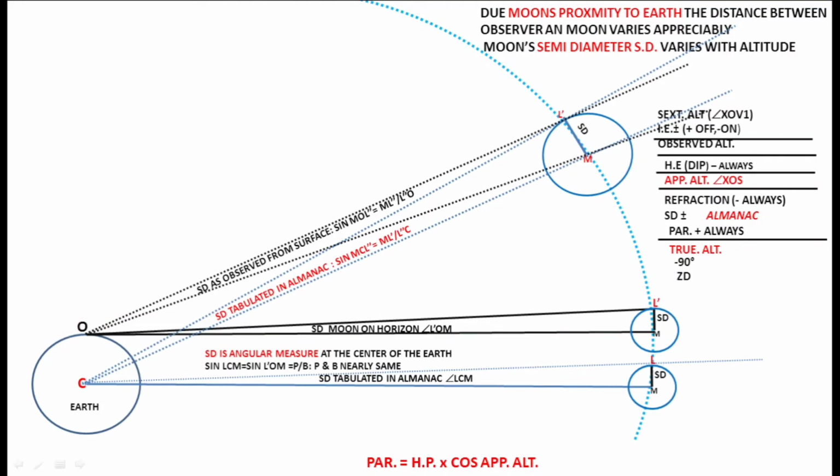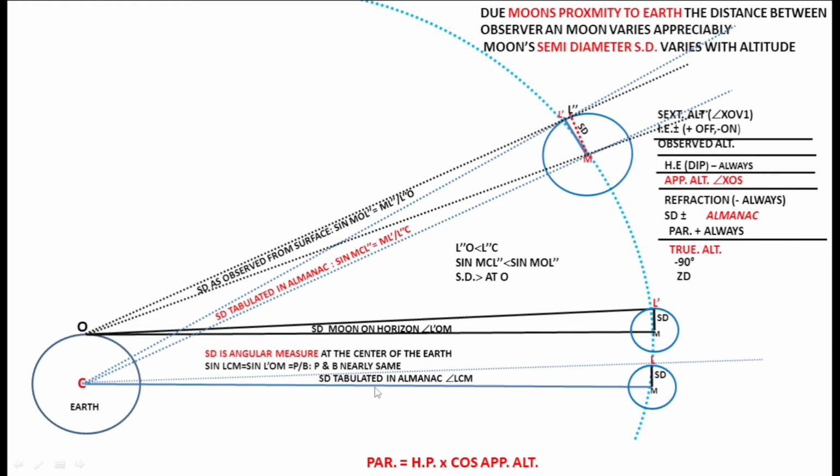Now you can see here that the distance L dash O is less than L dash C. So what you get here is that the sine of this angle M O L dash would be more than the sine of angle at the center of the Earth.